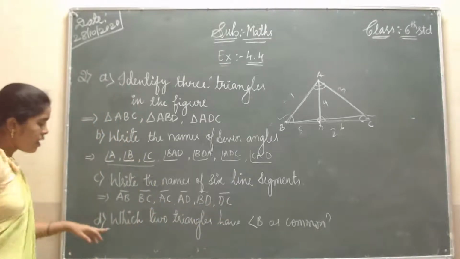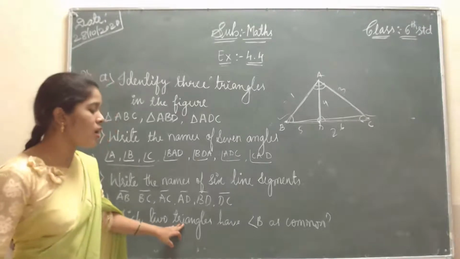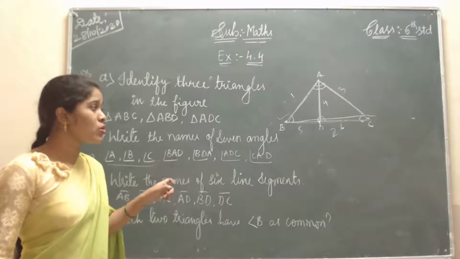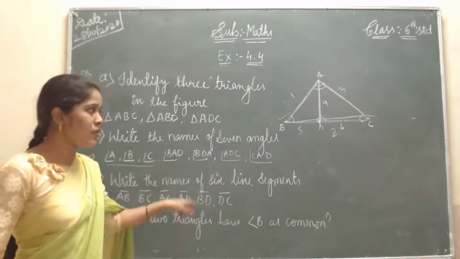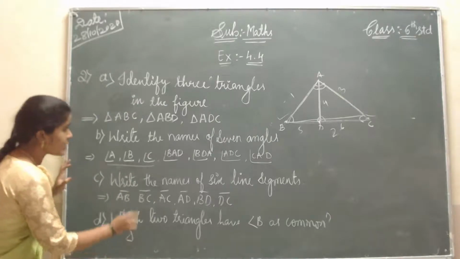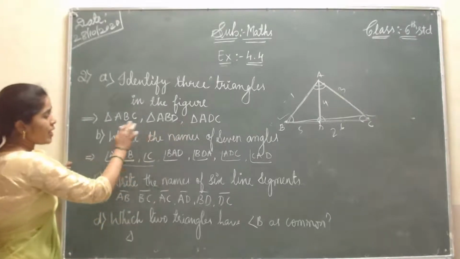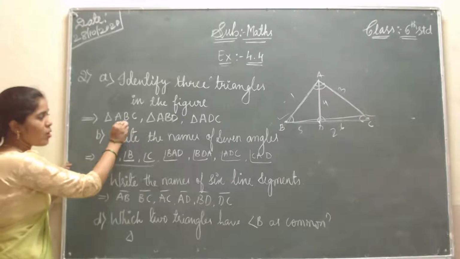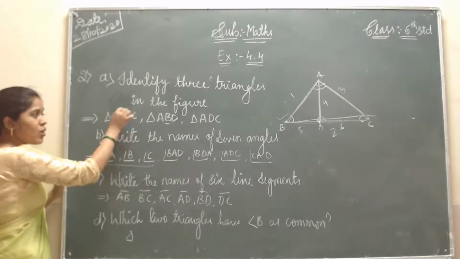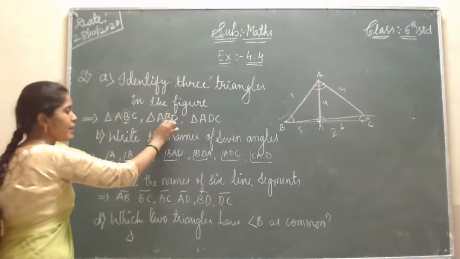Okay. Next, which two triangles have angle B as common? See in this B. Which two triangles have B as common? Here triangle ABC has B as common, and triangle ABD has B as common.